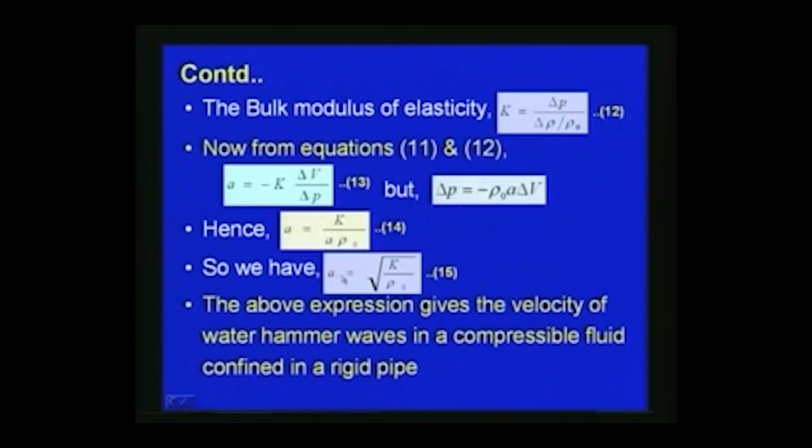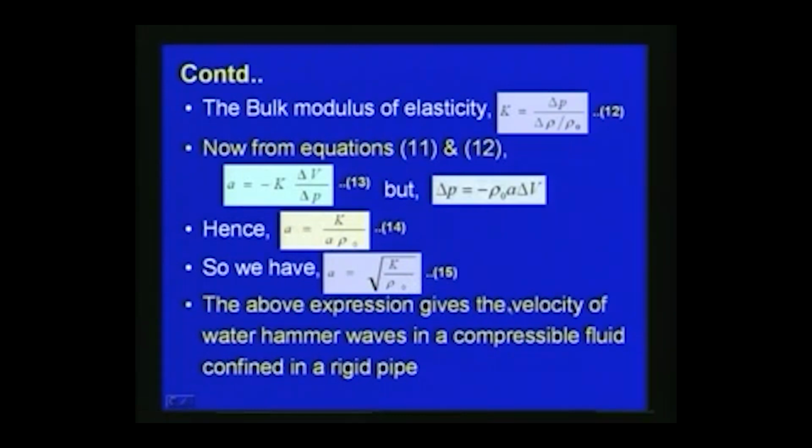Here K is the bulk modulus of elasticity of the fluid considered and rho 0 is the density of the fluid. So finally, the water hammer velocity A is a parameter which depends on the bulk modulus of elasticity and the fluid density, as in equation number 15. So, A is equal to square root of K by rho 0.